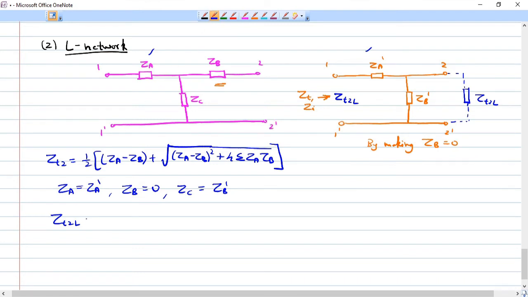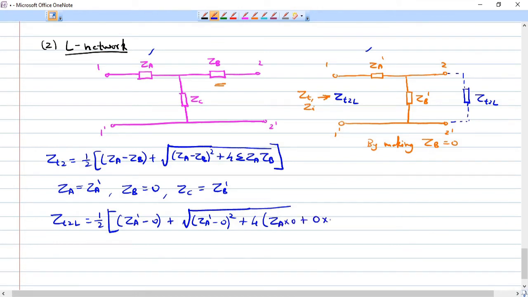So what is ZT2L? That will be equal to half of ZA dash minus 0 plus root of ZA dash minus 0 the whole square plus 4 times the sum of ZA into ZB, which is ZA into 0, plus ZB into ZC, which is 0 into ZB dash, plus ZC into ZA.